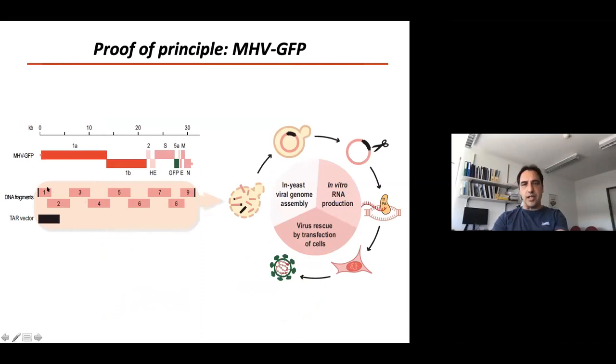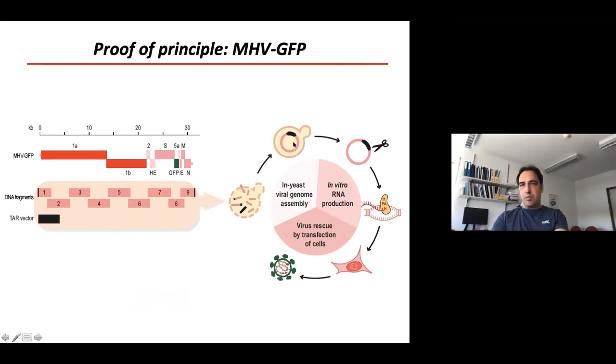So we had 9 fragments that were overlapping, and they were just simply generated by PCR from the cloned DNA. And we introduced in the primers at the genome termini small overlaps to the plasmid, to the TAR vector, and then put all that into the yeast.